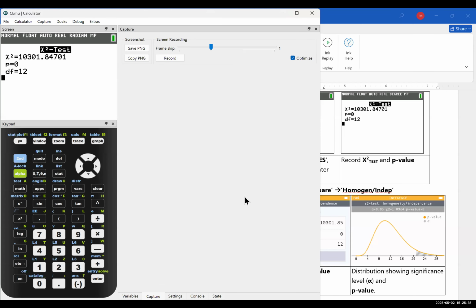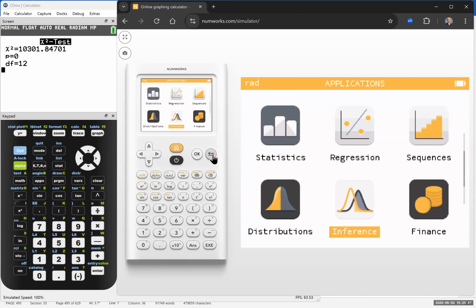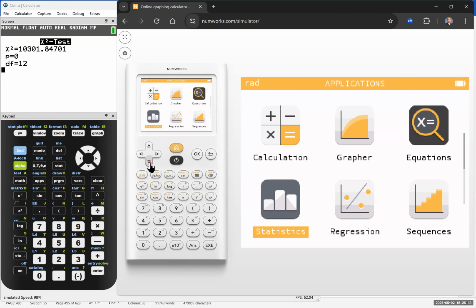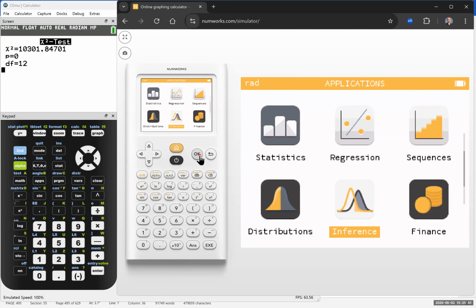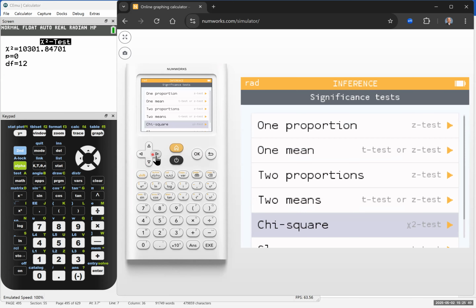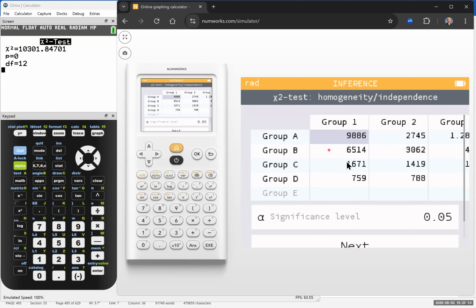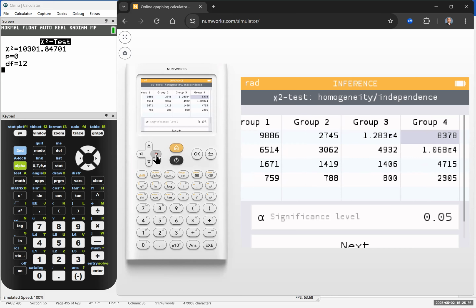Let's now look at the NumWorks calculator. So again, I'm going to back up. We want to go to the inference app, go to tests, chi-squared, homogeneity, independence, put all your values in. You can use the arrow keys to go to the next column over.